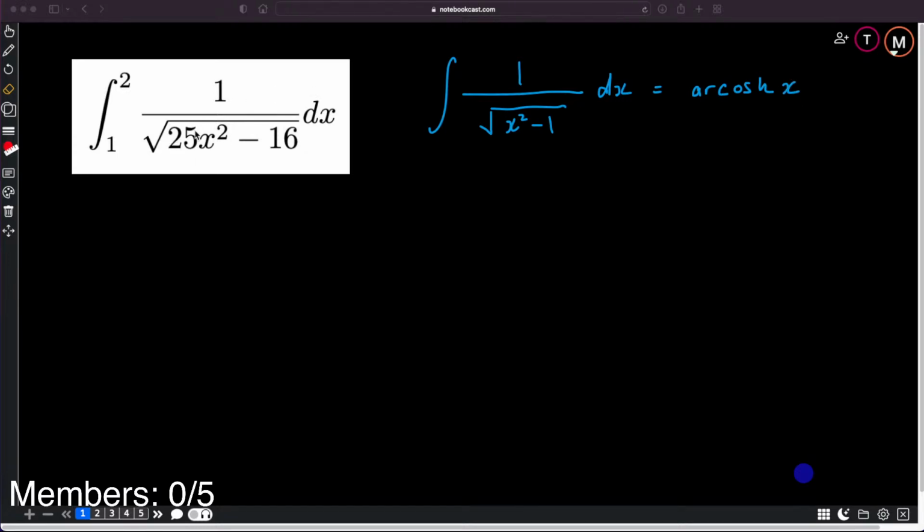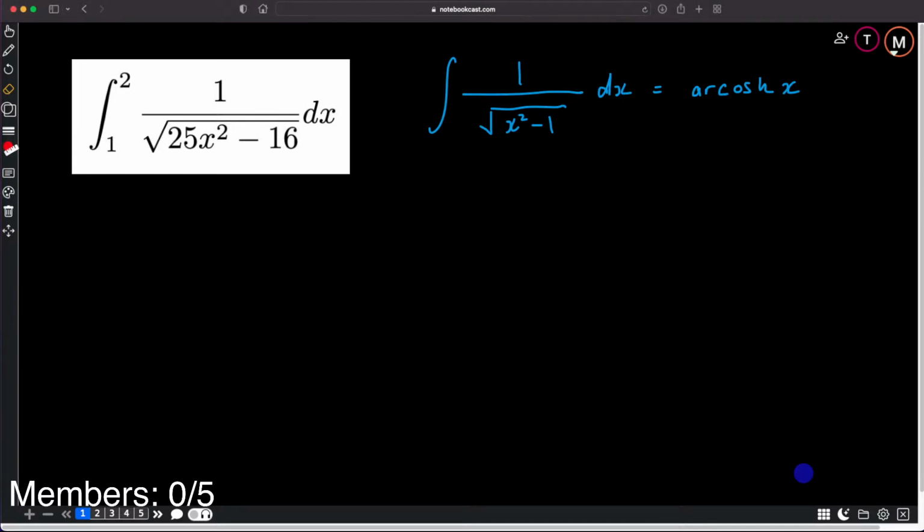So we have this expression in the question of 25x squared take 16, and we want to somehow convert it into the square root of x squared take 1, such that we can use this identity, because then things will go much smoother.